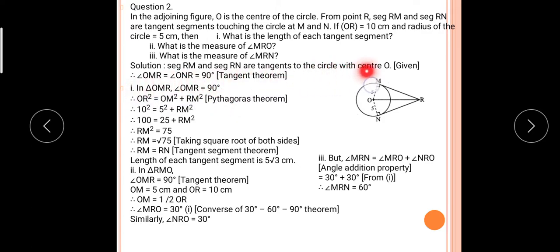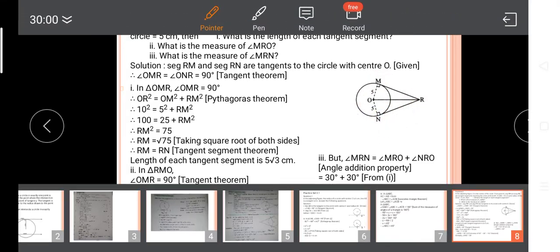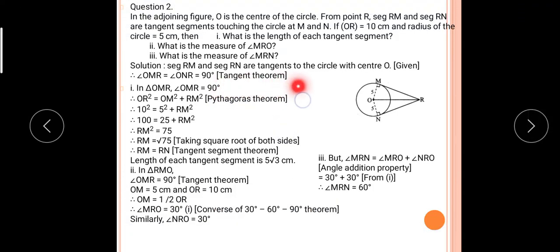Whatever is given, firstly write down. RM and RN are tangents to the circle. Angle OMR is equal to angle ONR, 90 degree by the tangent theorem. Now, OMR is equal to 90. So, OR square is equal to OM square plus RM square.